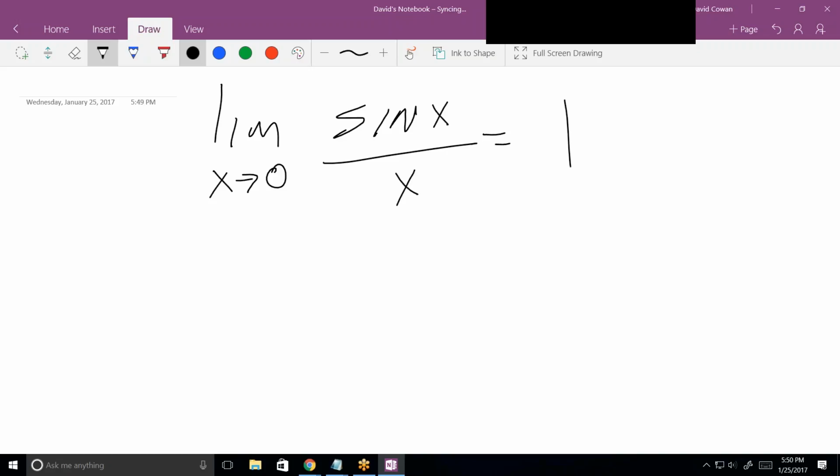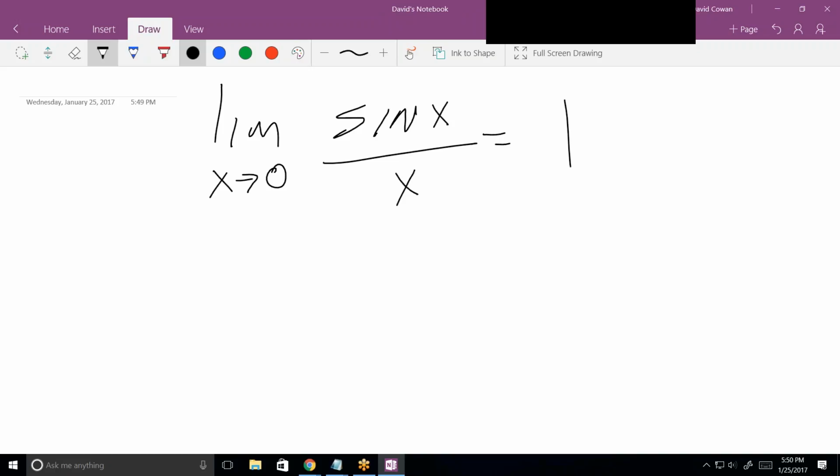Hard problem. In chapter 8 of this book, you'll get L'Hopital's rule, which has a rather easy way of solving these problems that have 0 over 0. You take the derivative of the top, and you take the derivative of the bottom, you reevaluate it, and in this case you end up getting 1.